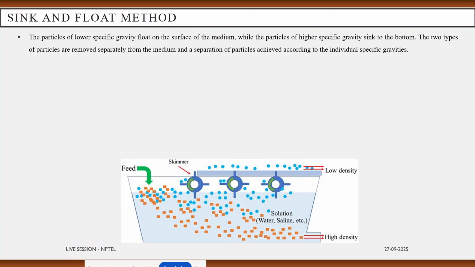In this method, the particles of lower specific gravity will float on the surface of the medium, while the particles of higher specific gravity will sink down to the bottom. The two types of particles are removed separately from each other, and a separation is achieved according to the individual specific gravities of those particles.